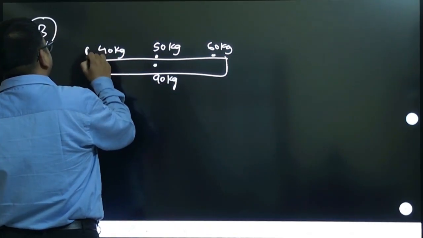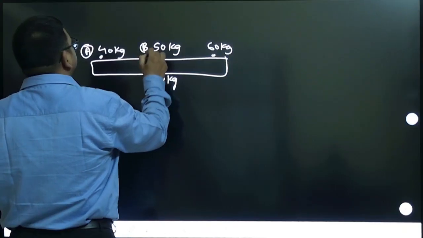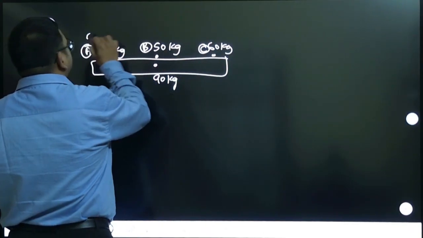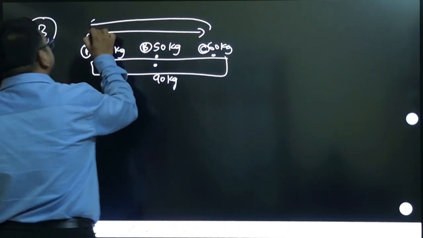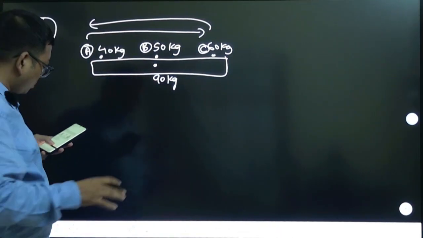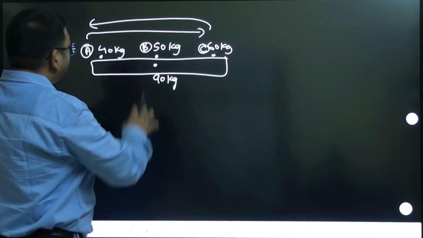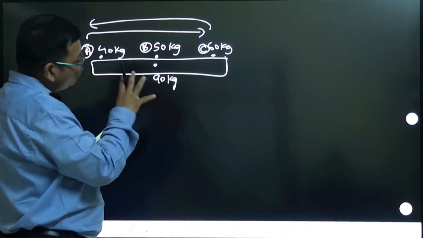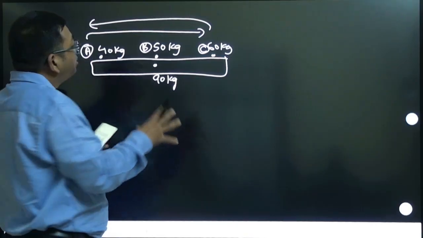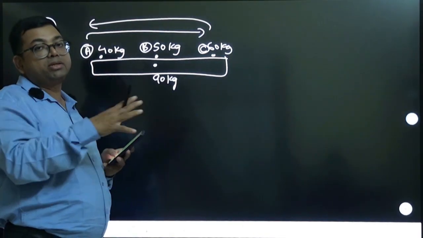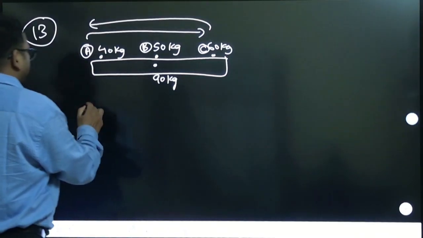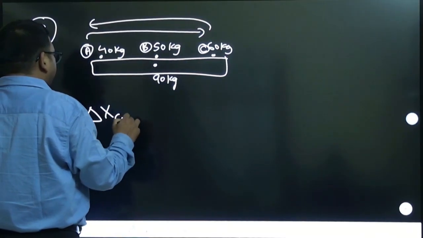Note that this is A, this is B, and this is C. A and C are interchanging their position. Note that B is not moving. B is together with the plank. So this whole plank will displace because delta x of center of mass is equal to 0.